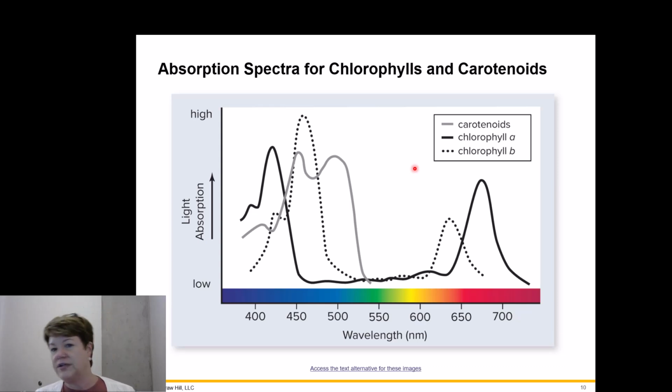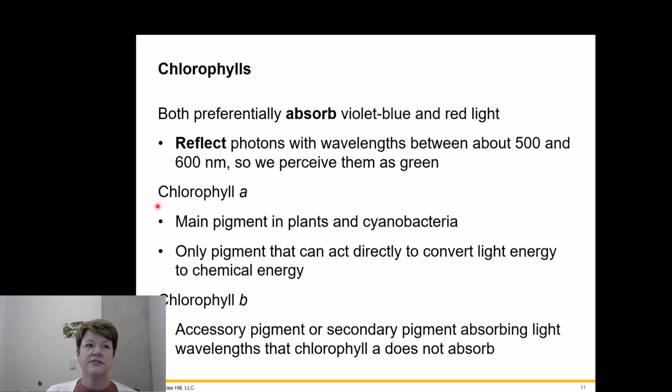But in fact, green is the color that's not used. It's the color that hits the leaf and bounces back and does not get absorbed. So chlorophylls preferentially absorb on the violet-blue side and on the red-orange side, but they reflect those photons that have wavelengths around 500 to 600 nanometers, so that hits our eye and we see green.